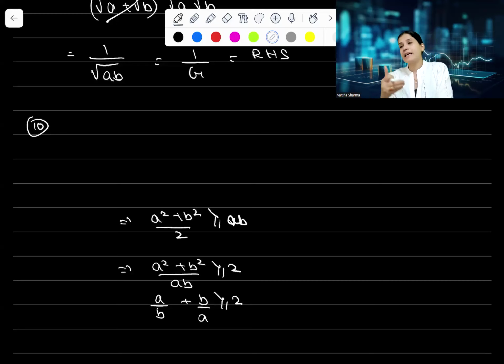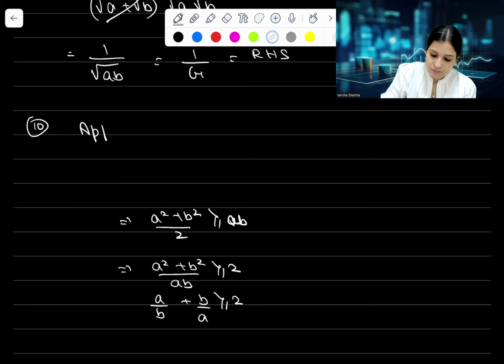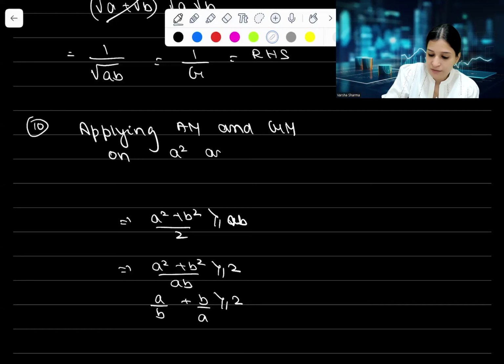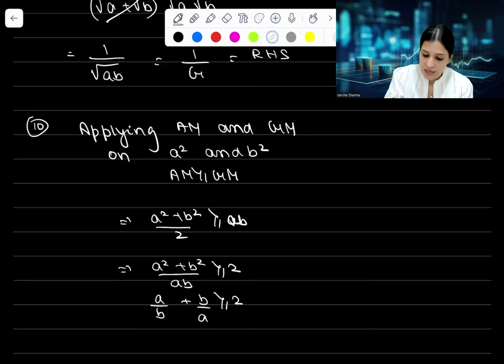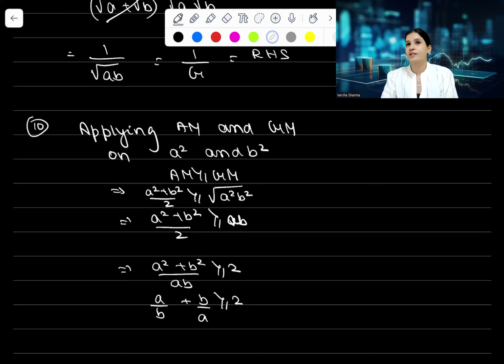So rather than applying AM and GM on a and b, let us apply AM and GM on a squared and b squared. We know that AM is greater than or equal to GM. The arithmetic mean of a squared and b squared is (a squared plus b squared) by 2, and the geometric mean is root over a squared b squared. So it happens.